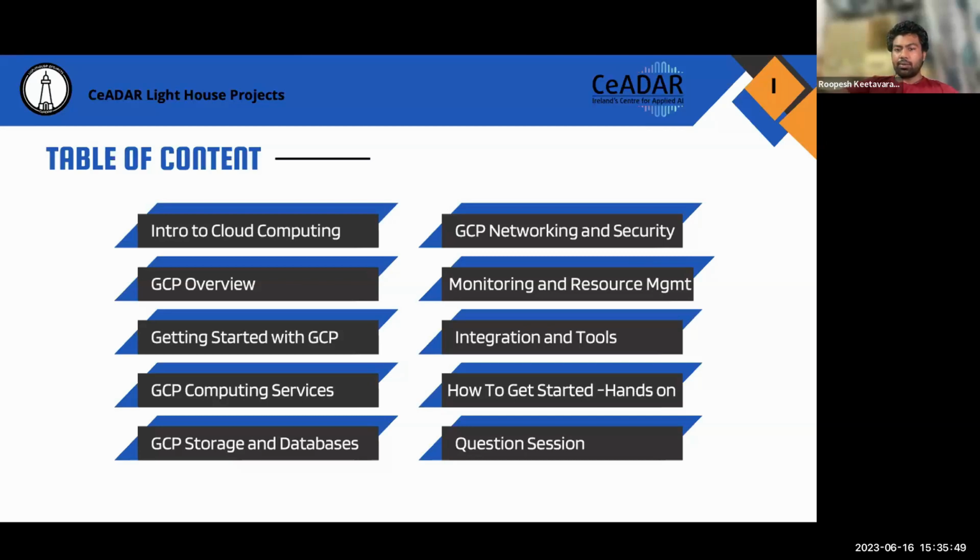Then data storage and databases, and networking, where we'll be using virtual private clouds. Later, we'll discuss how to monitor each and every resource effectively. There are also integration tools available, for example BigQuery and AI tools. Finally, we'll have a complete hands-on session and a Q&A session as well. So let's get started.